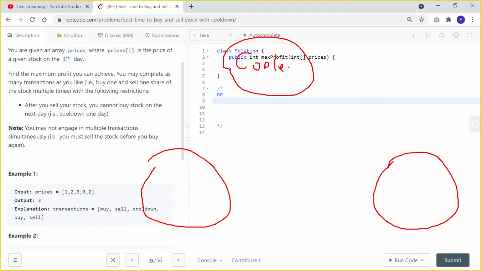Cooled means you can buy stock. The initial point is also cooled, which means you are able to buy stock, and then cooled can go to the state of hold, which means you bought the stocks.